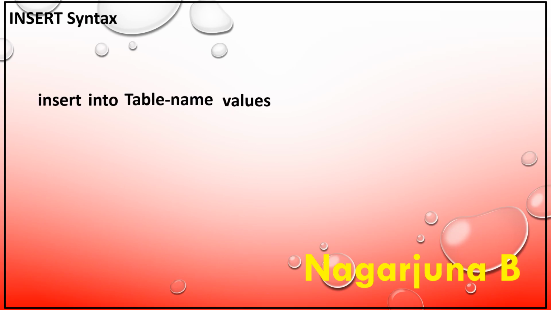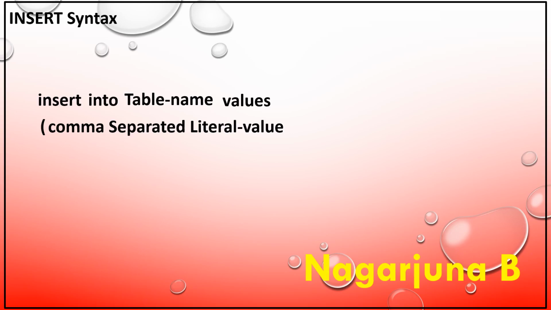After that, values, open the bracket, then comma separated literal values. That means if more than one attribute is present in a table, obviously there will be a number of attributes. It will not have just a single column. It will have multiple columns, that is, multiple fields.